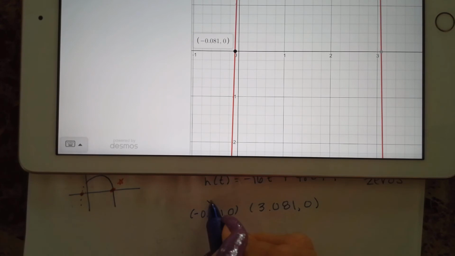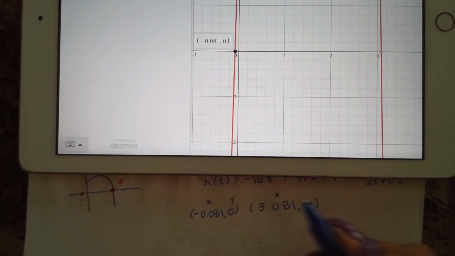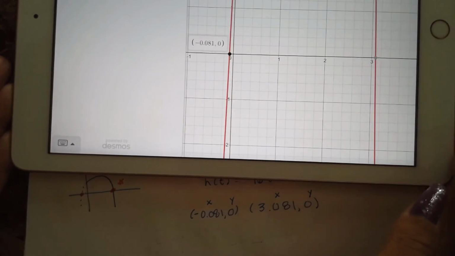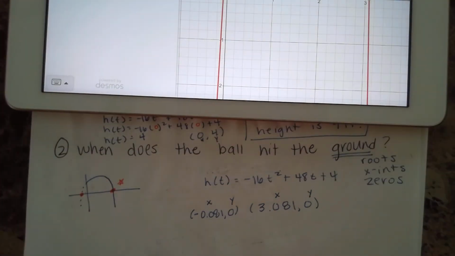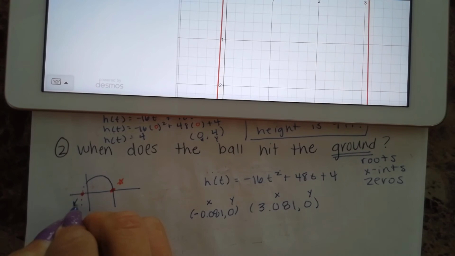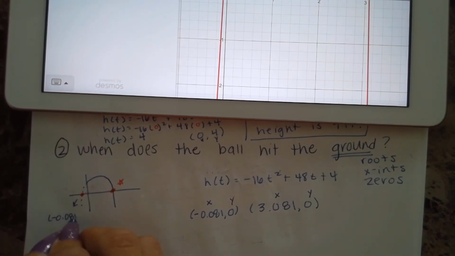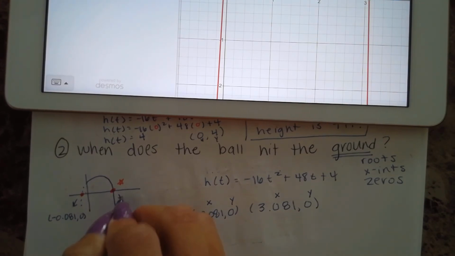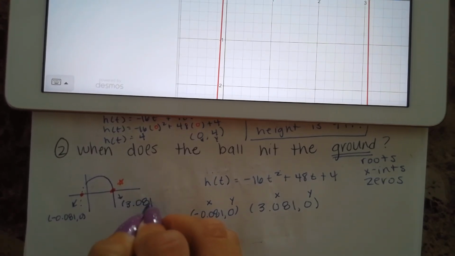Okay, remember, this is our x, this is our y. This is our x, and this is our y. Okay, now we have found that this one right here is our negative 0.081, 0 point, and this one right here is our 3.081, comma, 0 point here.